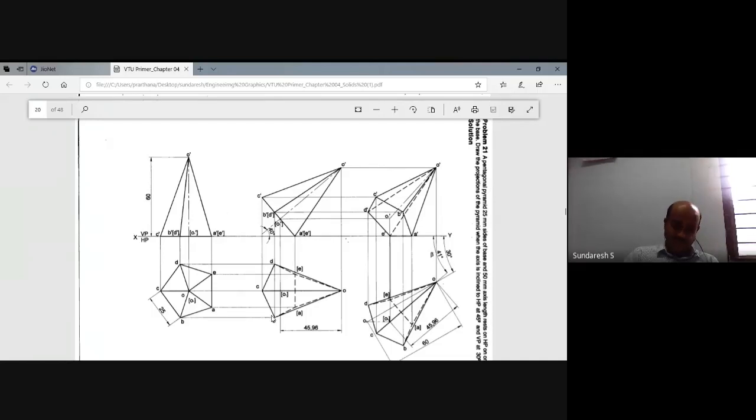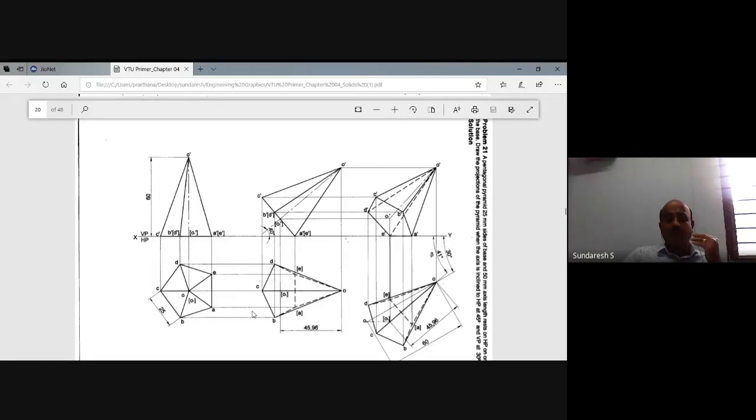First mark the points, then apply the rules of visibility, and then you can join which lines are visible and which are not. So first cultivate the habit of marking the corresponding points at the intersections of the vertical and horizontal projectors.